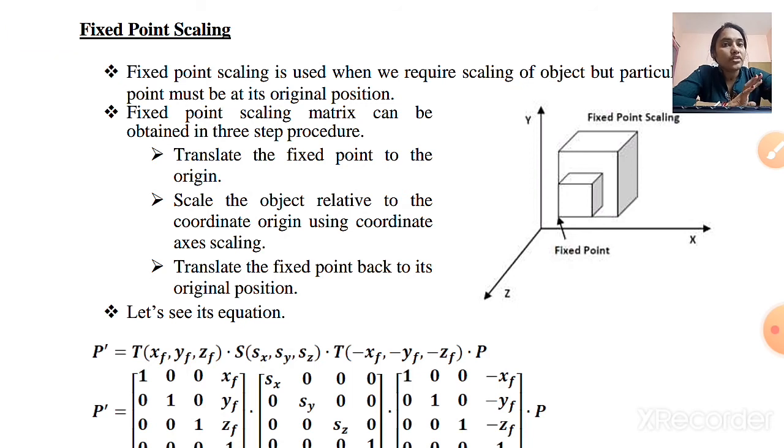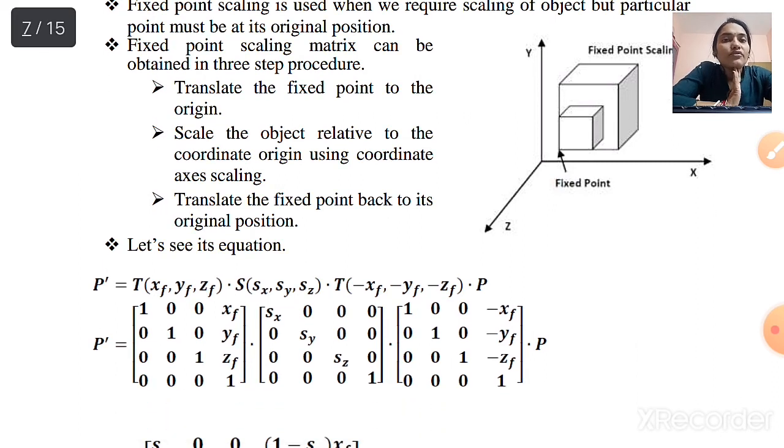Then scale the object relative to the coordinate origin using coordinate axis scaling. Then again translate the fixed point back to its original position.